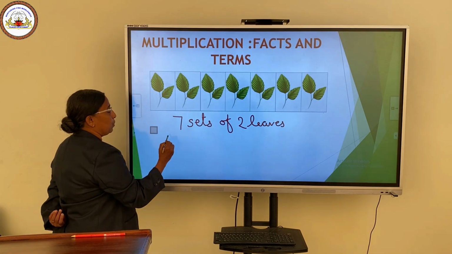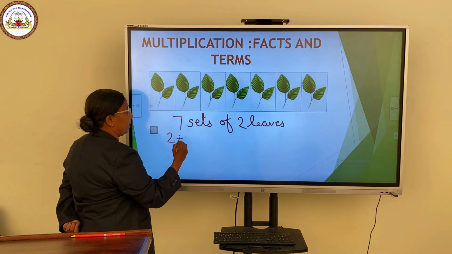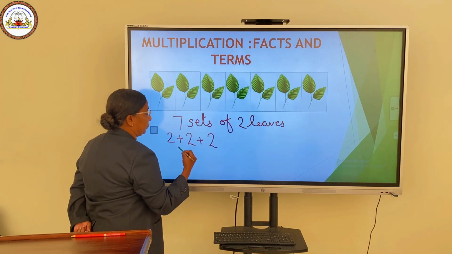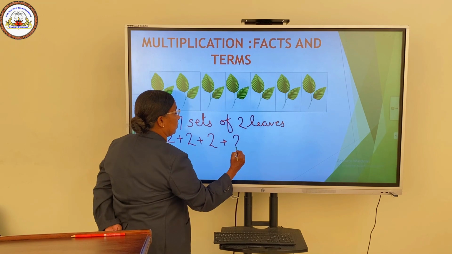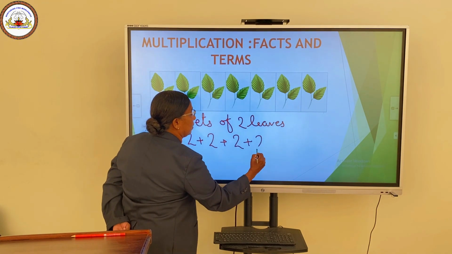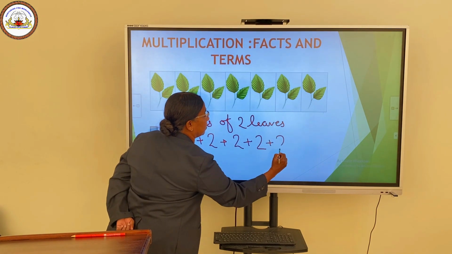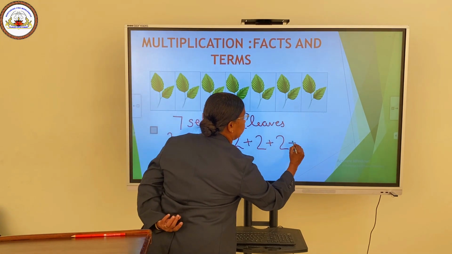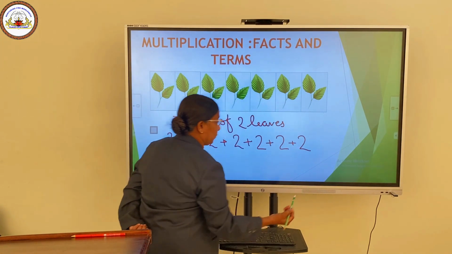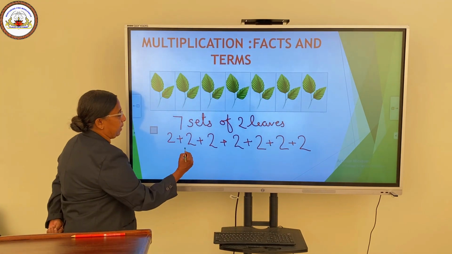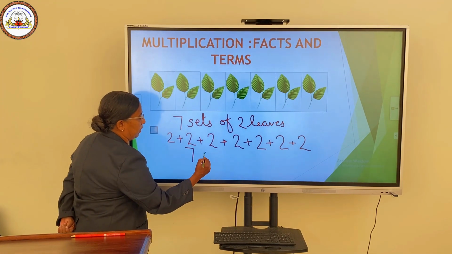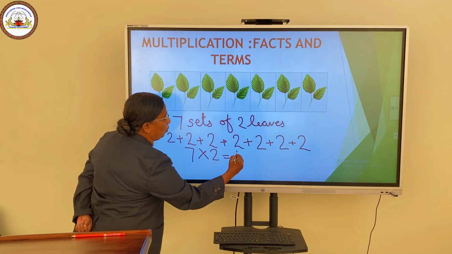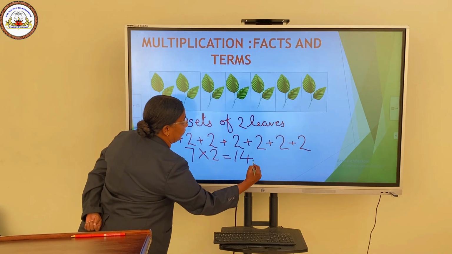That is 2 is being added 7 times. That is 7 into 2, which is equal to 14.